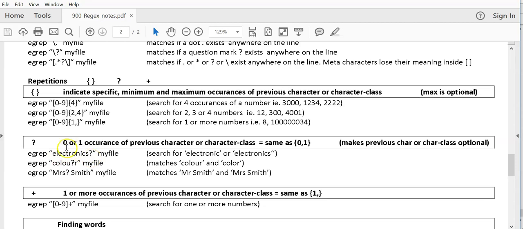So the important thing about question mark is it's not acting on its own. It is acting on the letter or the digit or any character that's immediately before that. And it's making it optional. So if it's there, it's okay. And if it's not there, it's okay. It'll be a match.